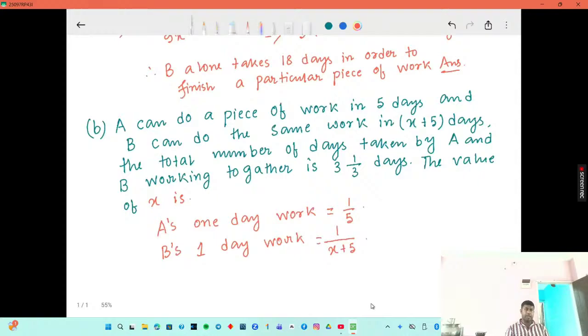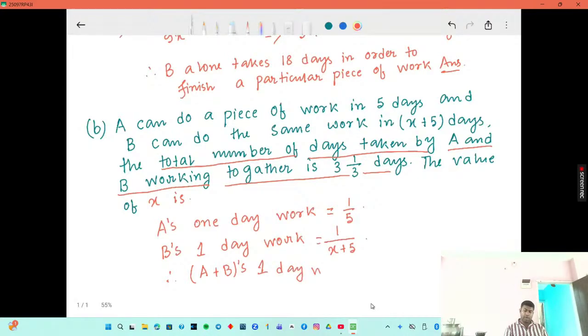And here it is given that the total number of days taken by A and B working together is 3 1 by 3 days. Therefore, A plus B 1 day work is equal to 1 by 3 1 by 3 days.